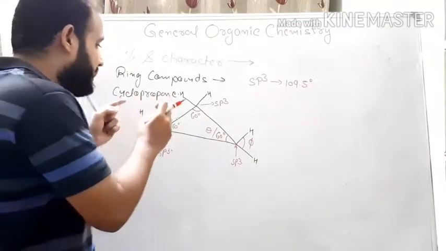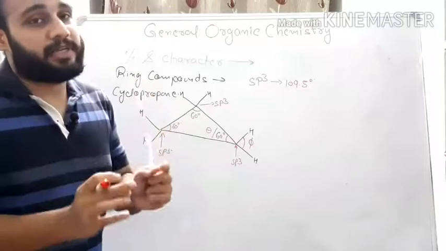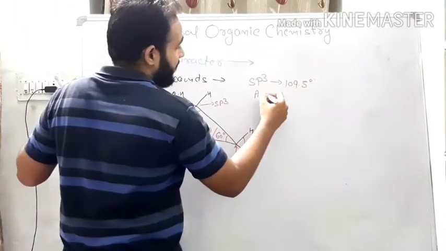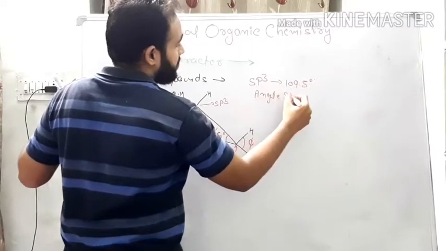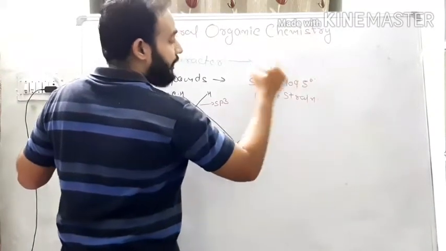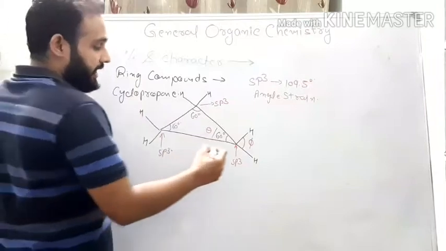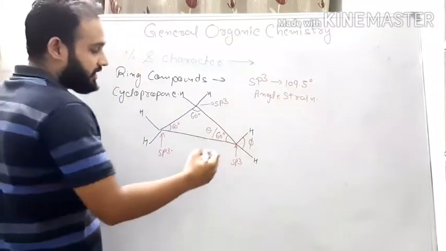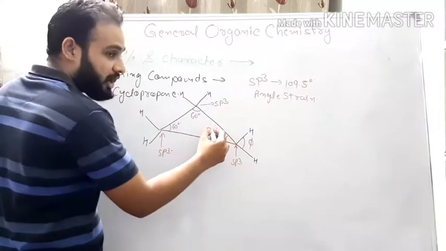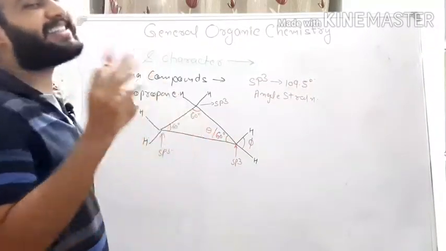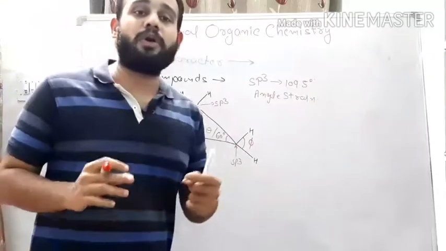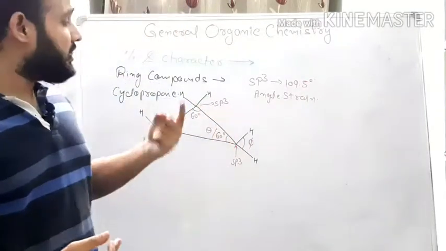So it means angle strain is present, a deviation from the ideal bond angle. For sp3 hybridization the ideal bond angle is 109.5 degrees, but the value of theta, the internal bond angle, is approximately 60 degrees. It means bond angle strain is present in cyclopropane.